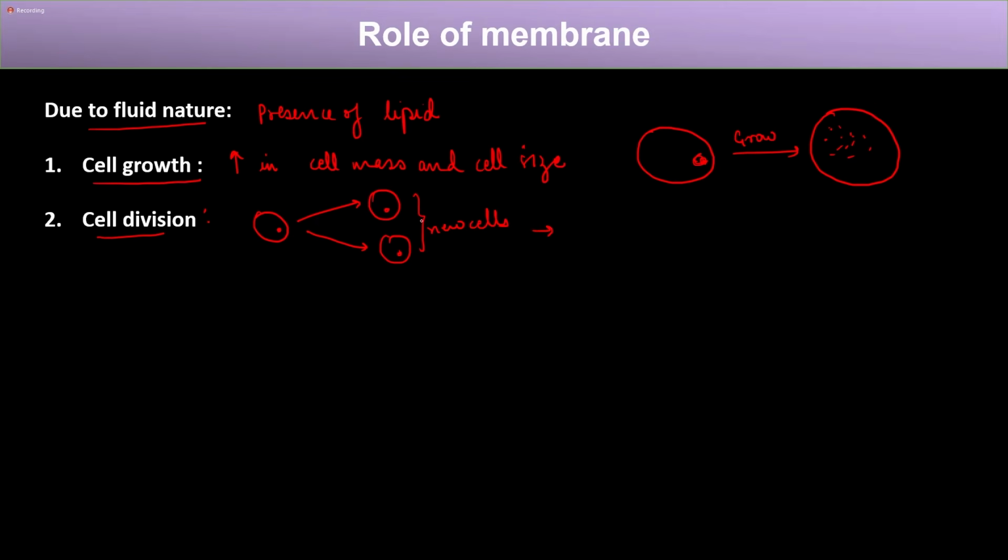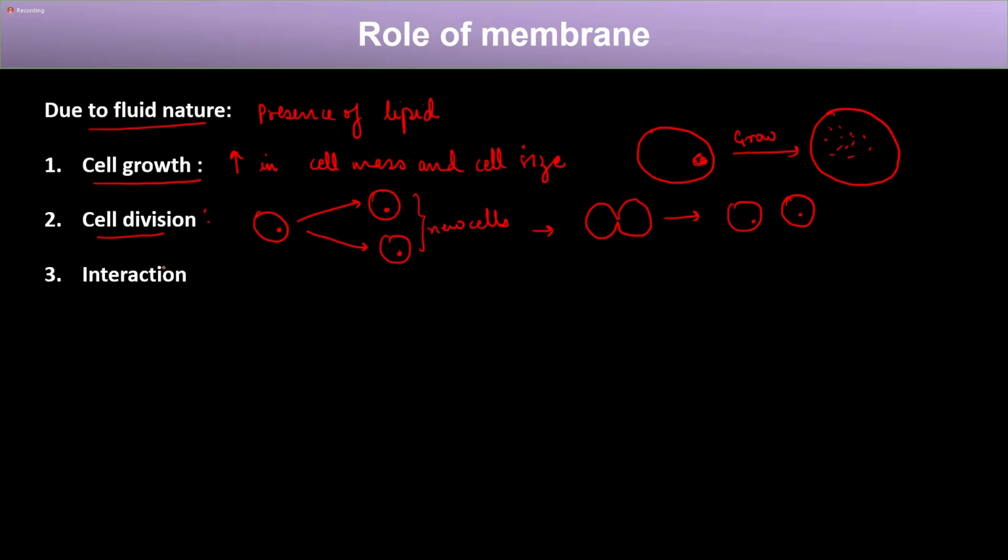During cell division, the plasma membrane separates itself. So apart from all the organelles and the nucleus that divide, the plasma membrane also divides. It divides something like this, and then they detach from each other, and then it becomes two new cells. Okay, so in this way it helps in cell division.